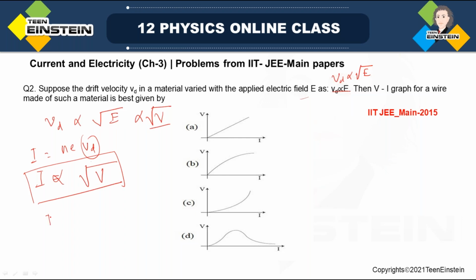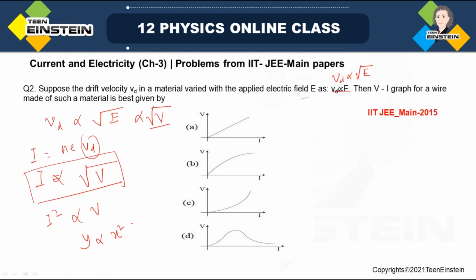So I can write I square directly proportional to V. From here you can see a y versus x square graph is a parabola, so this also will be a parabola.